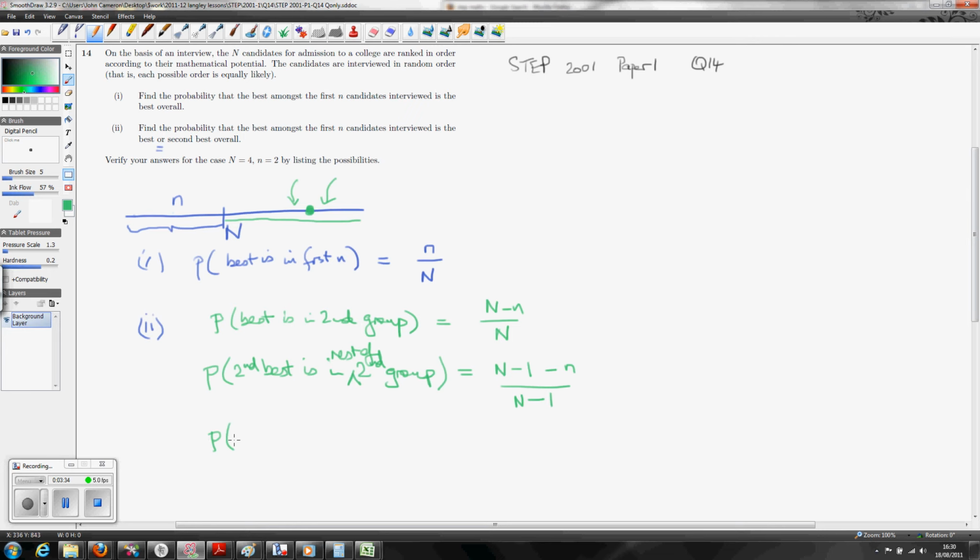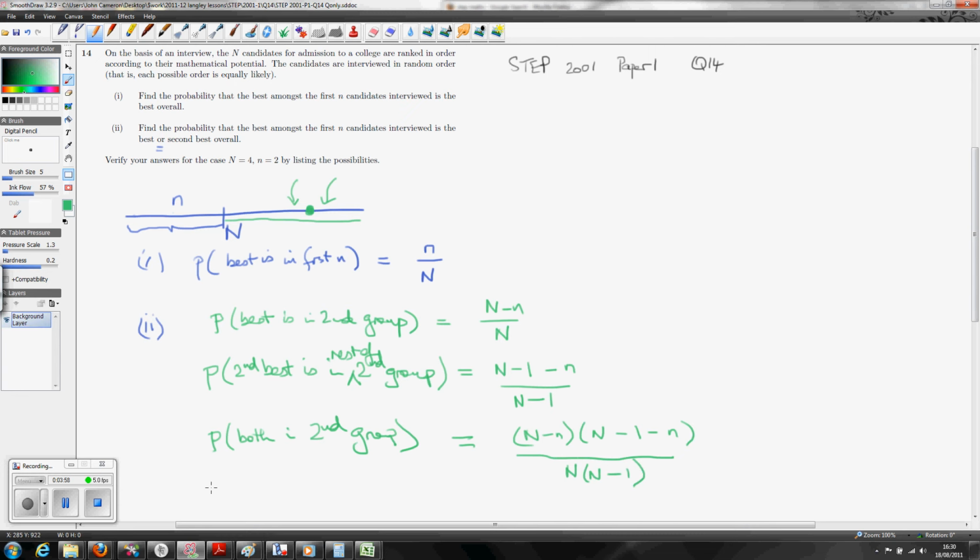And the probability that they're both in the second part, the second group, is one of those things times the other: (N minus n) upon N, times (N minus n minus 1) upon (N minus 1).